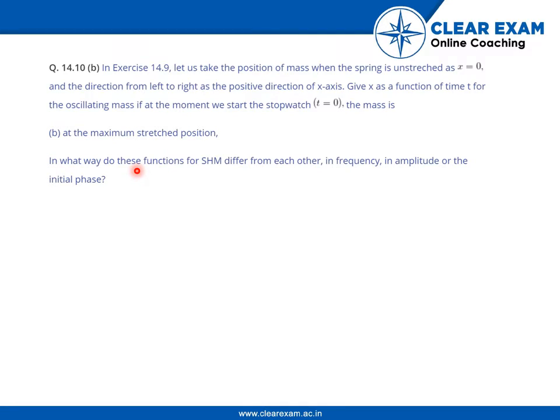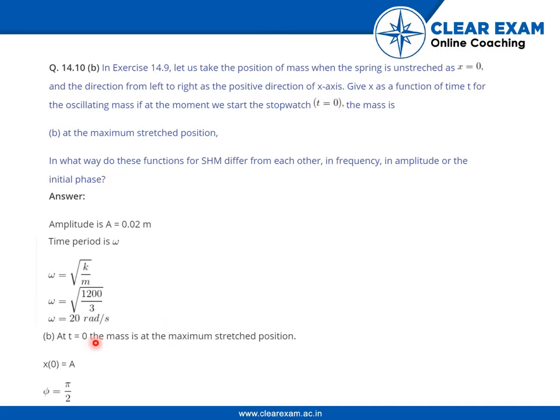In what way do these functions for SHM differ from each other in frequency, in amplitude, or initial phase? When at the maximum, the mass is at the maximum stretched position. The amplitude is 0.02 meter. So omega, we already know the value of omega, that is root over of k by m. So we put in the values, and eventually we get omega to be equal to 20 radian per second.